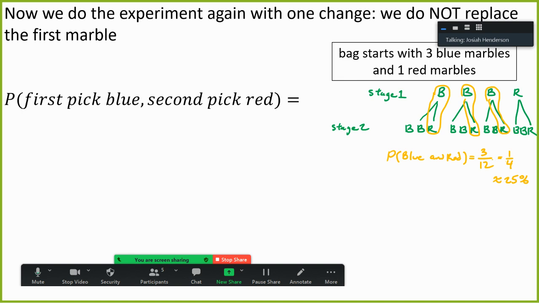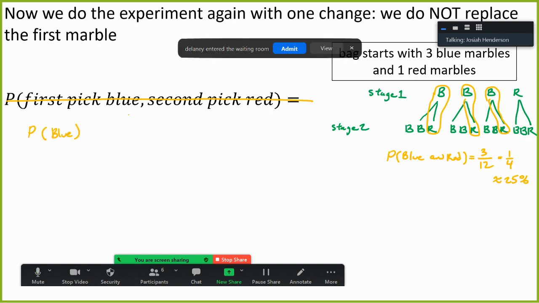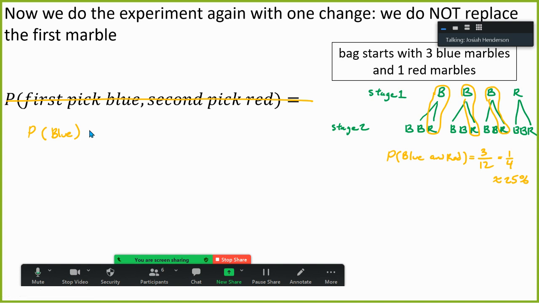Let's examine both individual probabilities like we did last time. Oops, hang on. I should have maybe erased this. I don't think I like this, so I'm going to cross this out. So the probability of reaching in and getting that blue on the first pick is still 3 out of 4, because there's 3 blues available on the first pick, and there's 4 total.